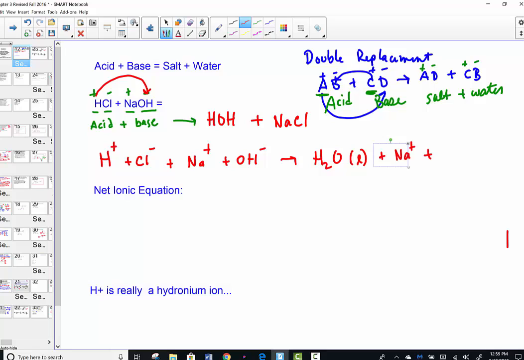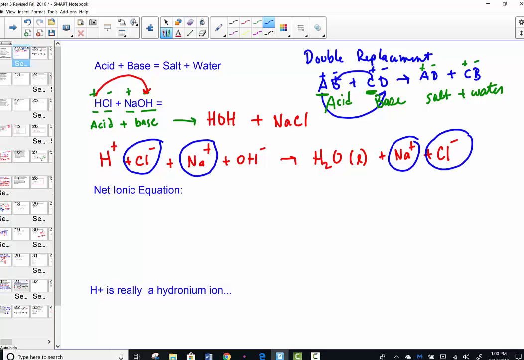So, just reviewing the concept of strong electrolytes: they don't exist in a water medium in a bonded form. They have dissociated to form their aqueous ions. That's the definition of electrolyte. So remember that the chloride and the sodium remain unchanged.